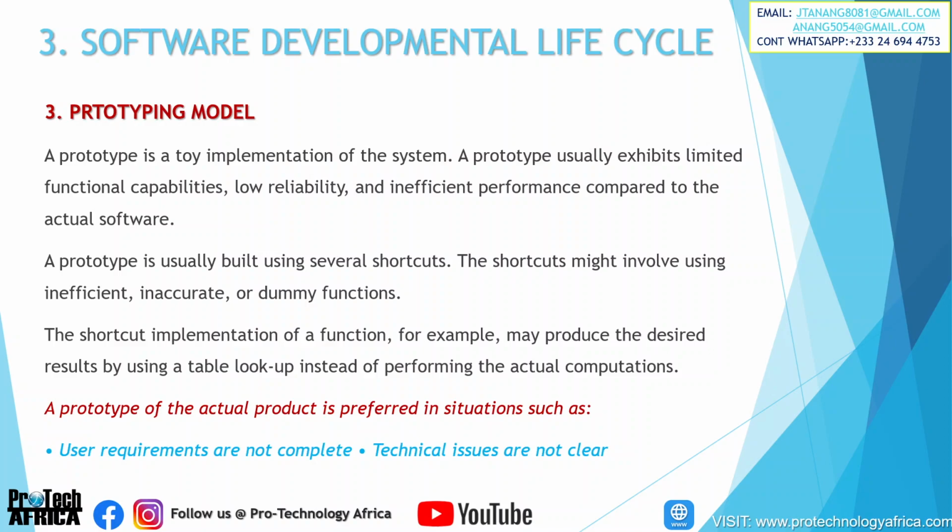So now let me explain this: in a prototyping model, there is a dummy representation of the actual product that needs to be developed. Then the user, or the one that wants the software, will look at the dummy and give a clear idea of what they want the software to accomplish.